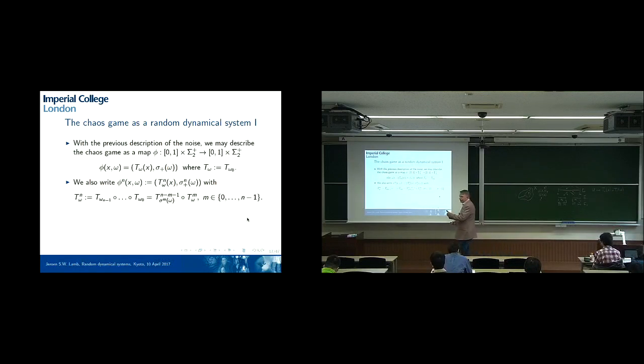Okay, so now we come to this dynamical formulation of the process. I'm not reducing it, I'm just basically saying what it is. My dynamics is given as a map on 0, 1, but also on the symbol sequence space. So my input is random, comes from this sequence of 0s and 1s.